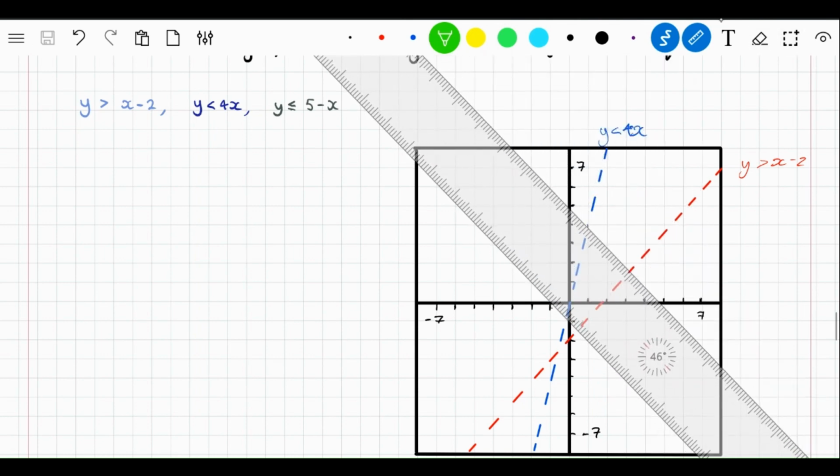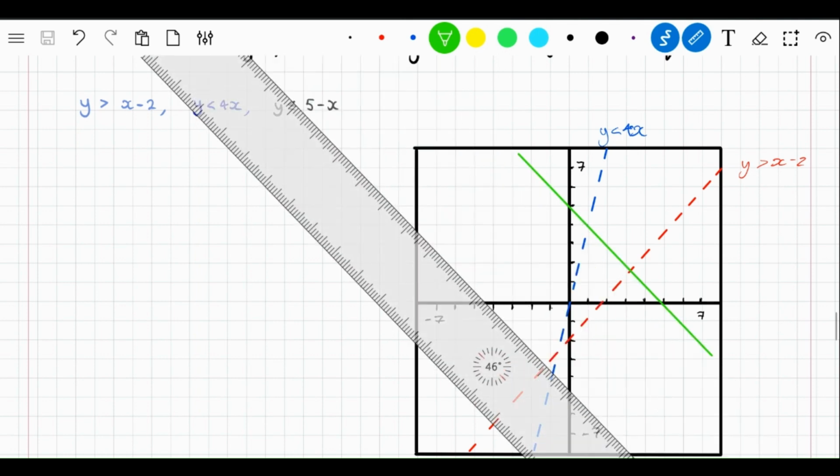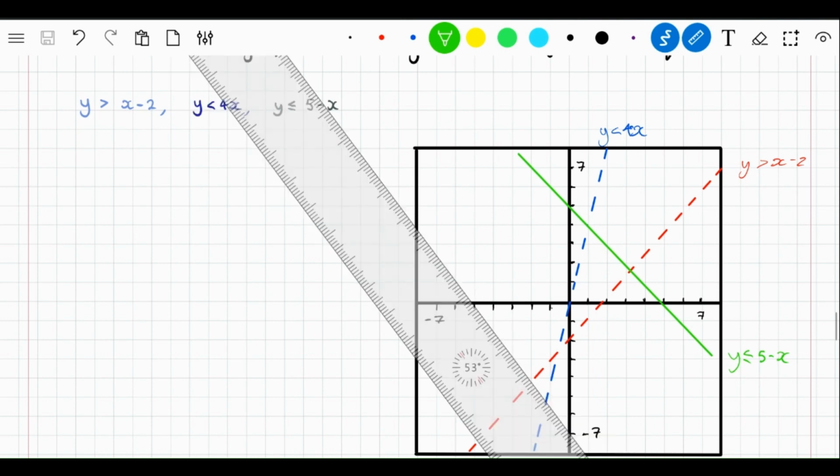This one's going to be a solid line, however, because it's less than or equal to. So we can draw it through there, crossing through point 5 and going down with a gradient of 1. And we can label this one y is less than or equal to 5 minus x.